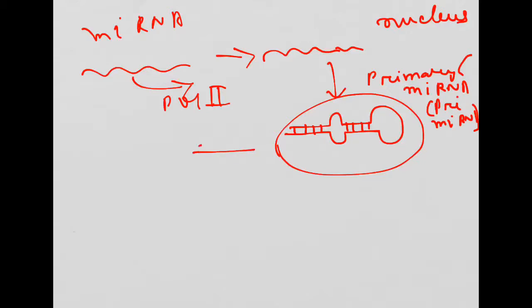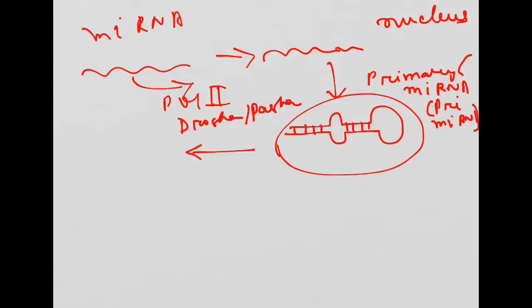This structure is then processed by two enzymes known as DROSHA and PASHA. They act as a microprocessor here. Your PASHA is also known as DGCR8 molecule.